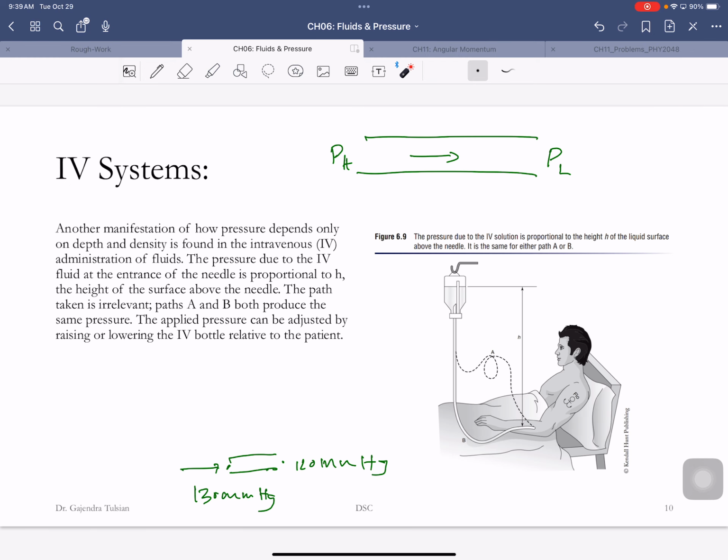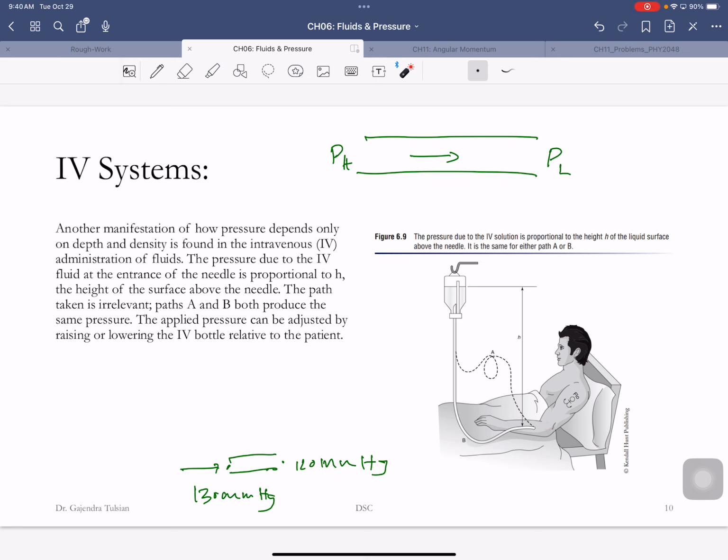All right, what this diagram shows you is the following. If you want the fluid to flow in this pipe, what you want is higher pressure on this end and lower pressure on this end. So if you want this fluid to flow into the bloodstream, here's the IV system, and let's say this is the needle. The highest pressure in the bloodstream is 120 millimeters of mercury.